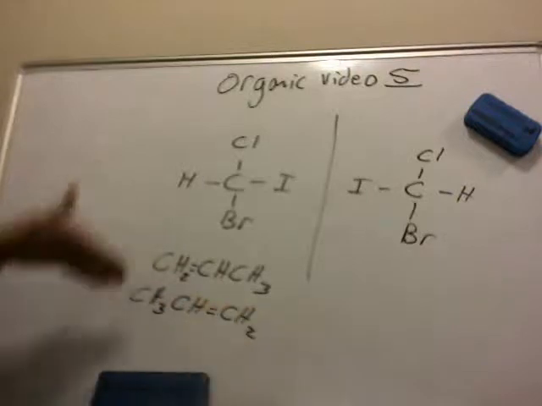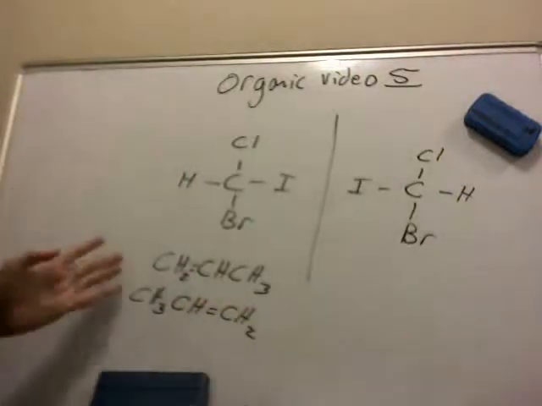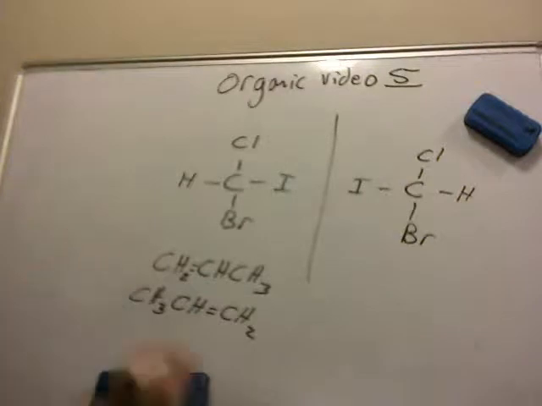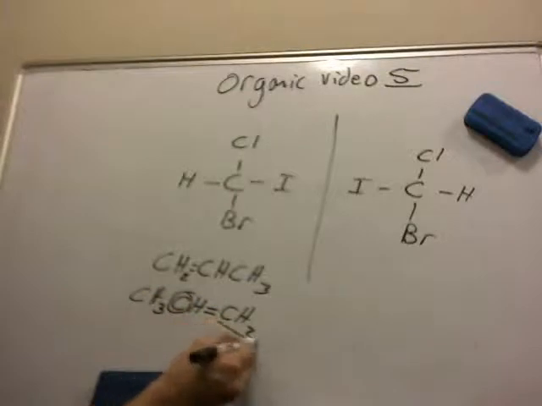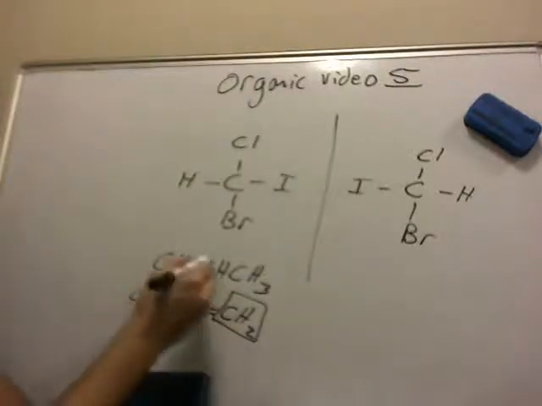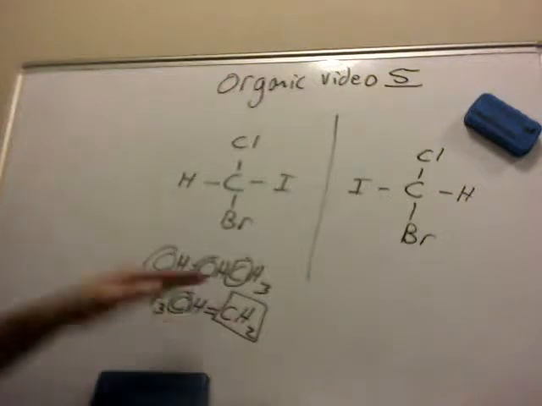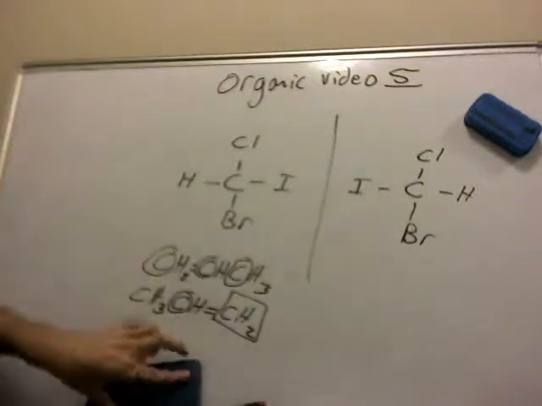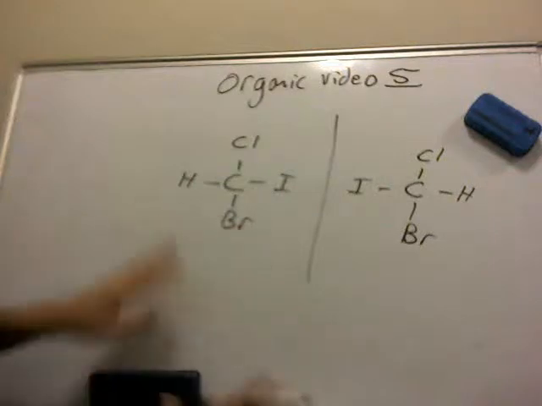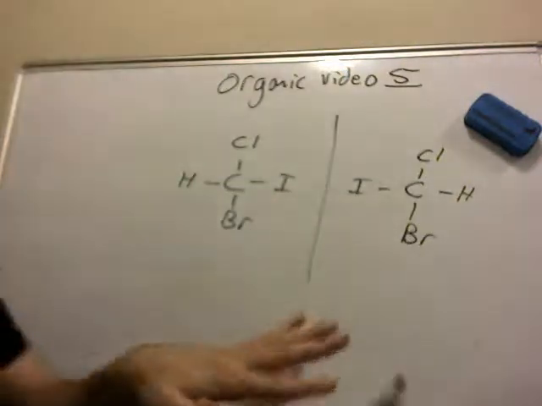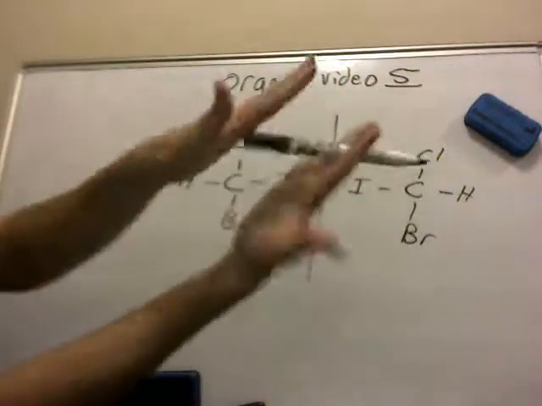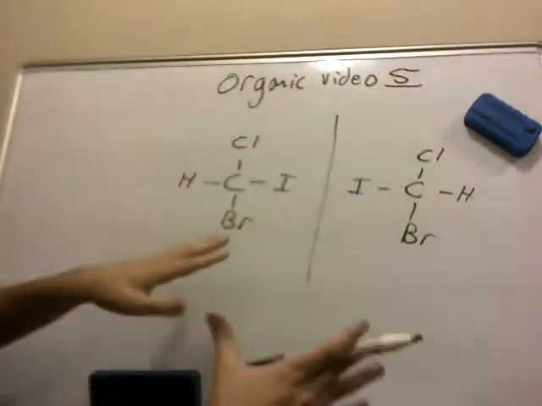And you might say that this is the same if I flip it, but if you check it out, there are no chiral carbons here. This carbon is double bonded to the CH2, and there's no chiral carbon here, no chiral carbon there. So as long as you don't have a chiral carbon, there's no possibility of an enantiomer. So if you flip this, yeah, it's the same thing as this. But with this, it's kind of like your right and left hand. You can't superimpose your hands on top of each other, because they're mirror images of each other.